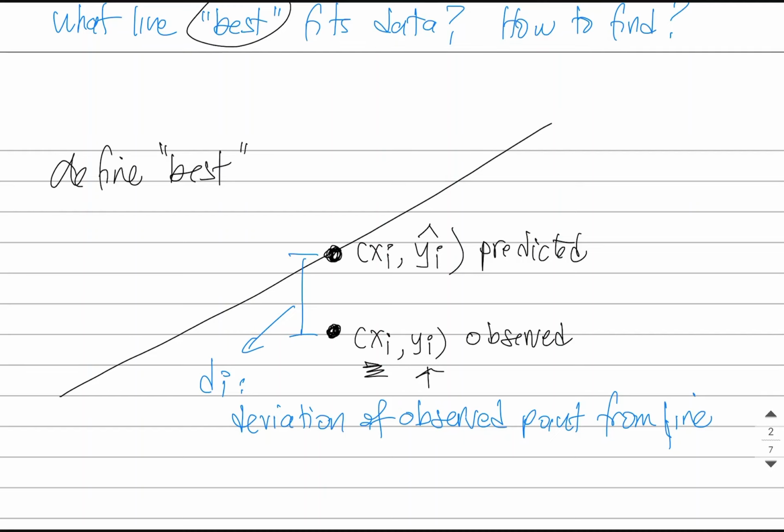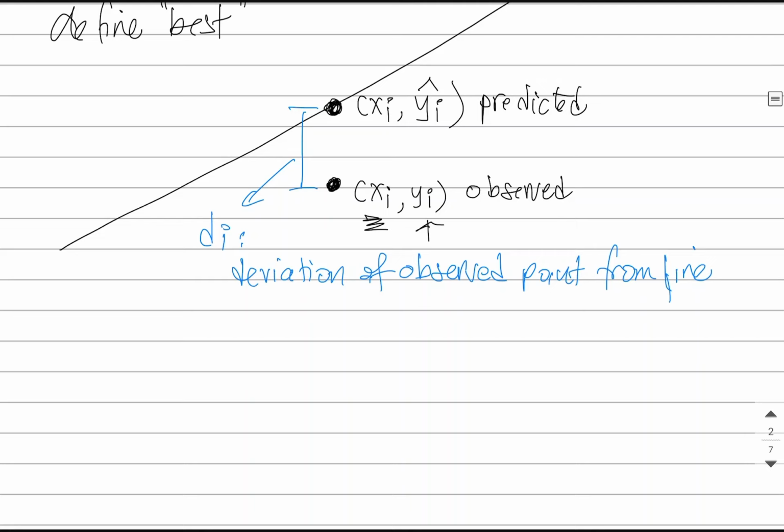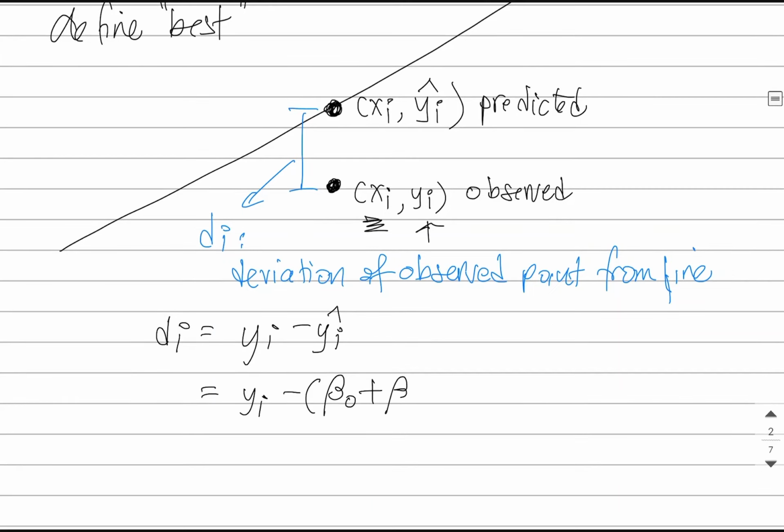Now, ultimately, what we would like to do is try to make these deviations small, right? In terms of a mathematical formula, we're just taking the difference between this observed value and this predicted value. So it would be yi minus the predicted value, which comes from our line, beta naught plus beta 1 xi.